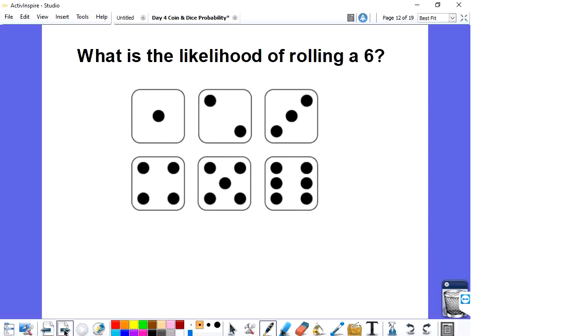What would the likelihood of rolling a 6 on this die be? Remember our vocabulary words. What vocabulary word would you use for the probability of rolling a 6 on this die? Pause your video, unpause it when you're ready. Well, now that you've unpaused it, let's take a look.